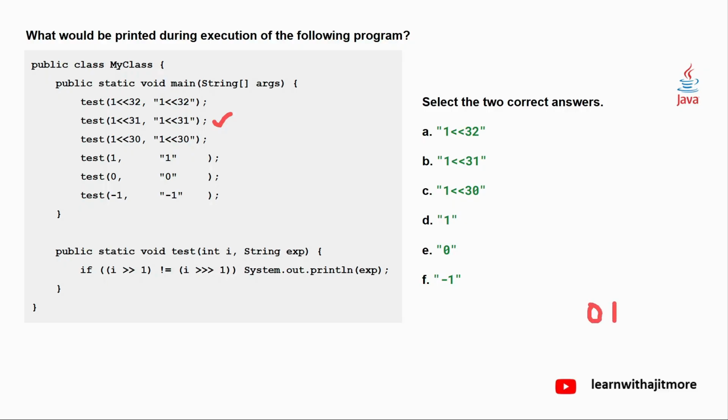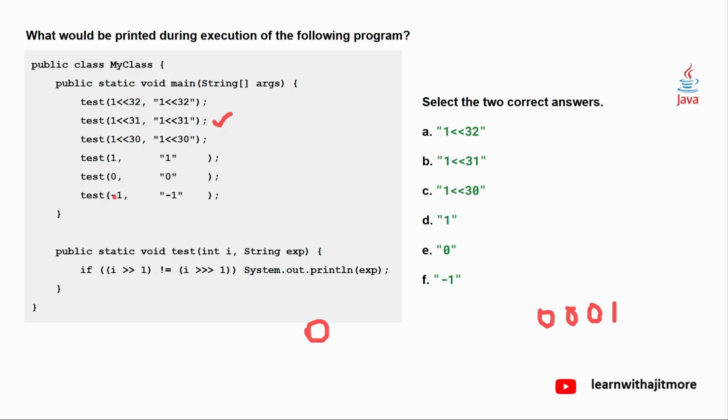This is your one. And what will be the sign bit? Zero. Now, if you are shifting it right side by two greater or three greater, what will be the new sign bit? Zero only. The answer is same. So no printing in this case also. Then in this case, as it is zero, they will be same. No printing.